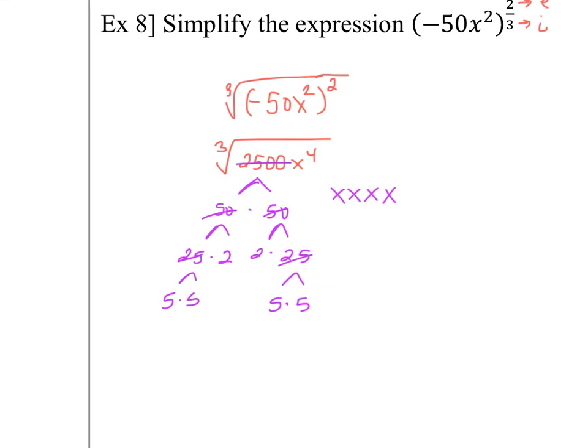Now that everything's broken apart, let's group things together. So now it's a cube root, so I need groups of 3 numbers. So I have 1, 2, 3 5s. I only have 2 2's though, so these are going to have to stay in, and this extra 5 is going to have to stay in as well. Then I have 3 x's here, so that's one group with 1 x left over.